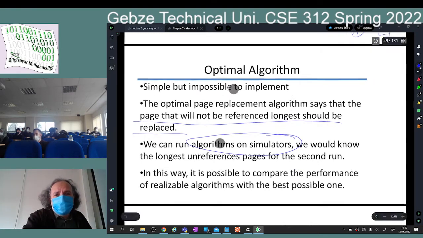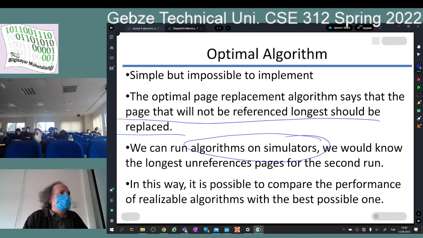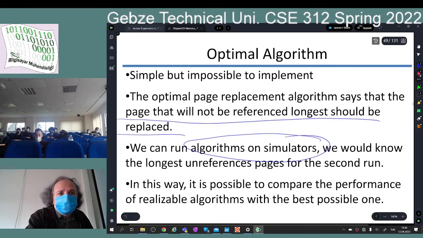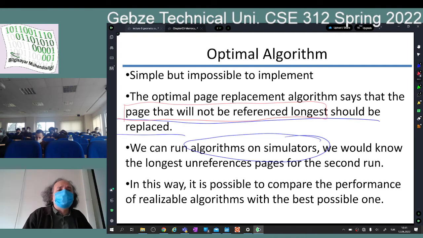If I know somehow the page that will not be referenced longest, that's what we are after. If I know this somehow, then I am done with the page replacement algorithms, but I don't know. So I am trying to guess this page that will not be referenced longest by looking at the past.